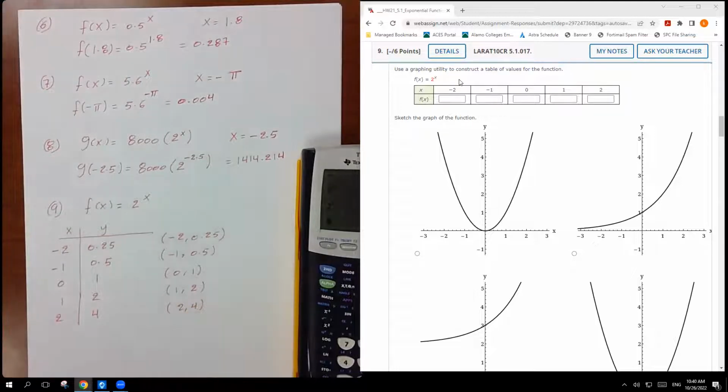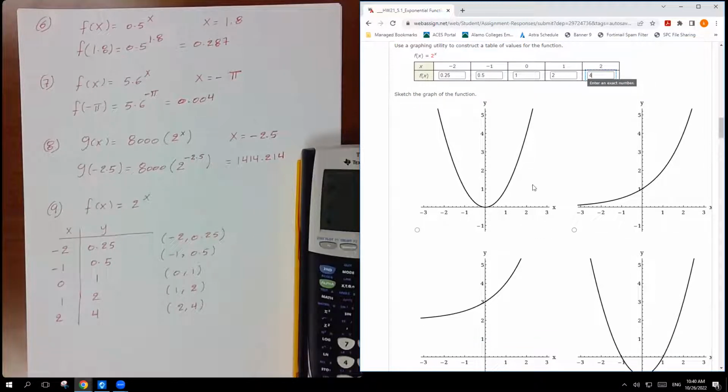So now these are the points. If you graph it, you're going to get the graph of the function. So I'm going to plug in here 0.25, plug in here 0.5, plug in here 1, plug in here 2, and plug in here 4. Then now, if you just look into the options, you're going to figure out which one is the right graph.